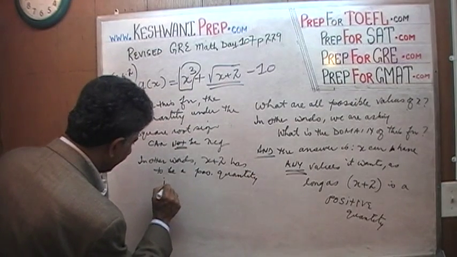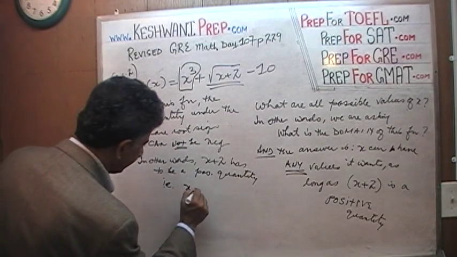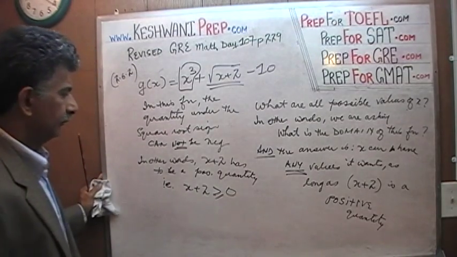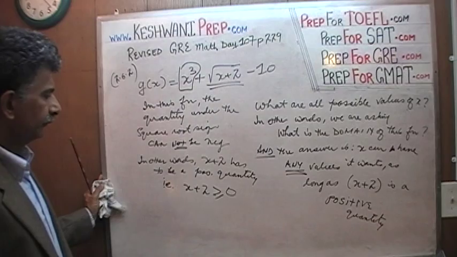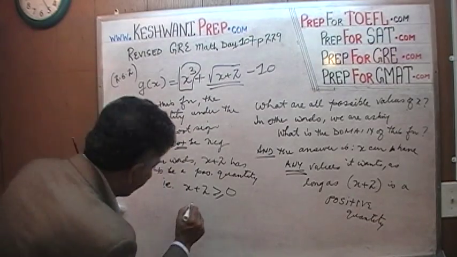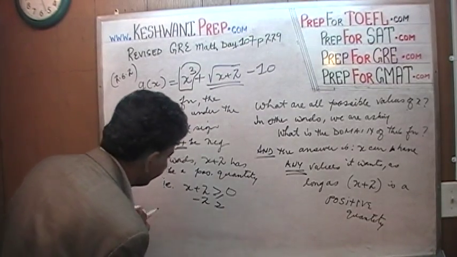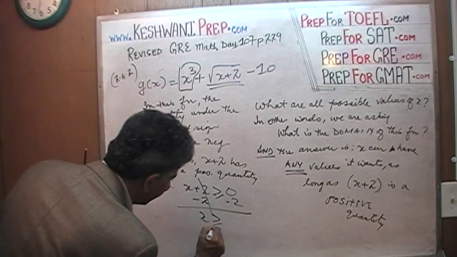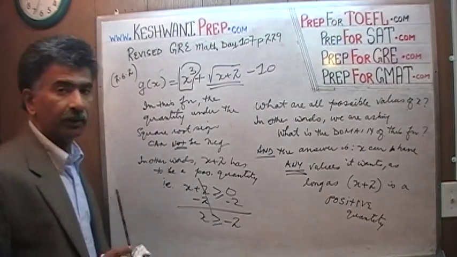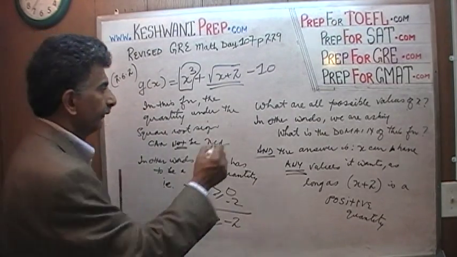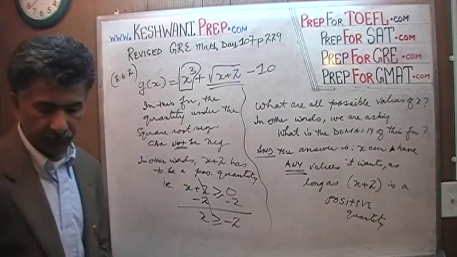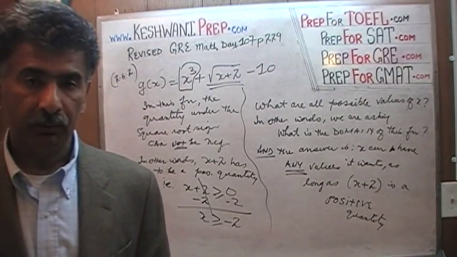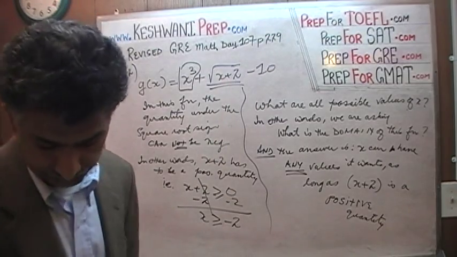That is, x plus 2 has to be more than or equal to 0. If we subtract 2 from both sides, x has to be more than or equal to -2. Same as before. X has to be more than or equal to -2 in this function.